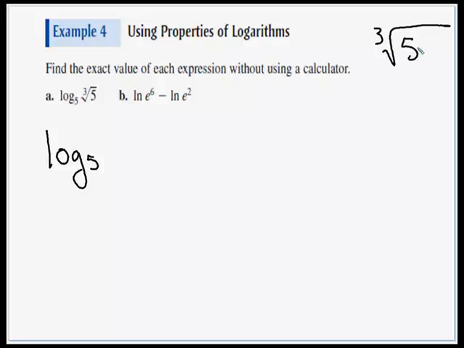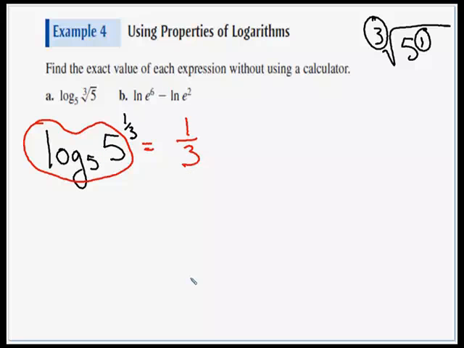The third root of 5 to the first, turn that into a rational exponent. That becomes 5 to the 1/3 power. The exponent is your numerator, the index is your denominator. So now we have log base 5 of 5 to the 1/3. Remember, we had those properties in the previous section where these sort of cancel each other out, and the answer is 1/3.